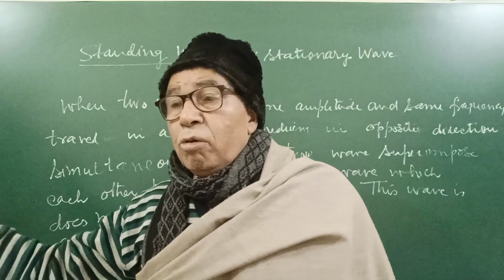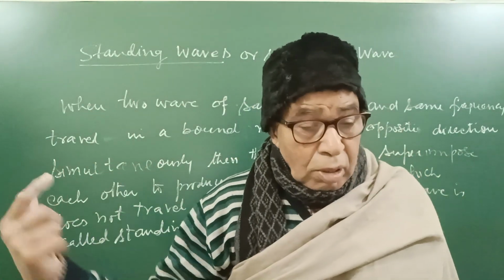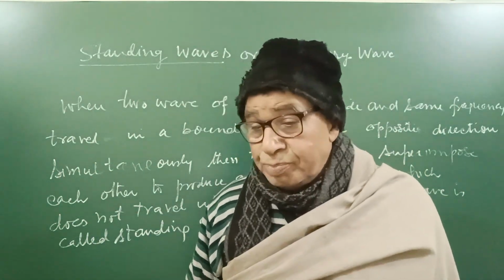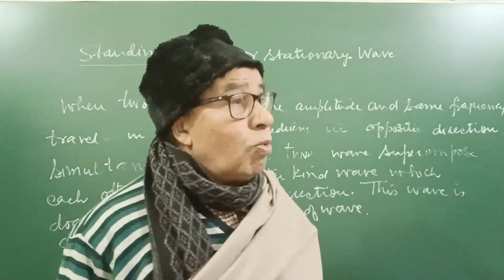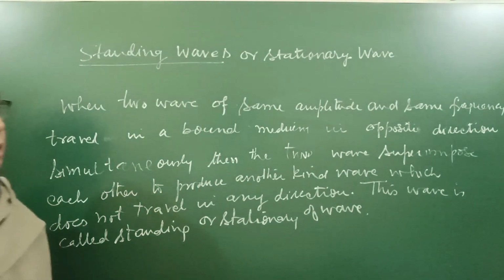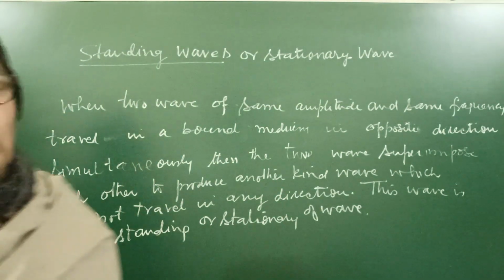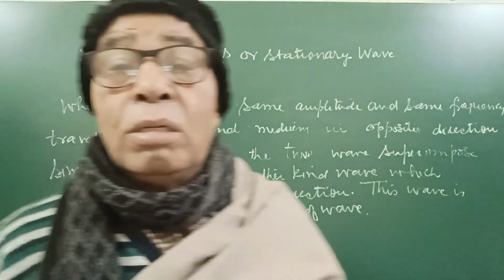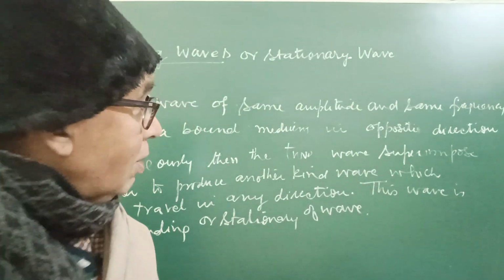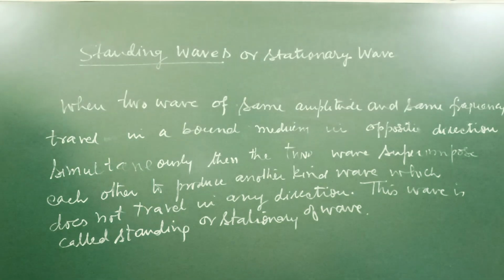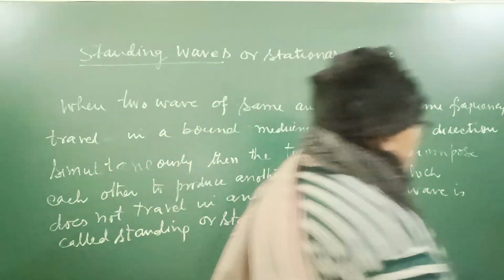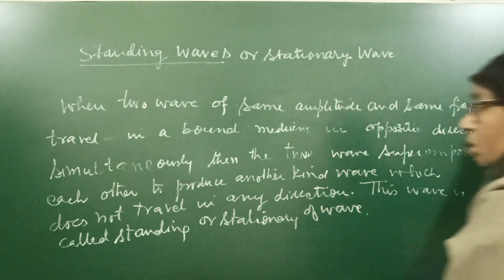Those progressive waves will be traveling from one end to another, but the resultant wave will not travel in any direction. So this wave is called a standing wave.